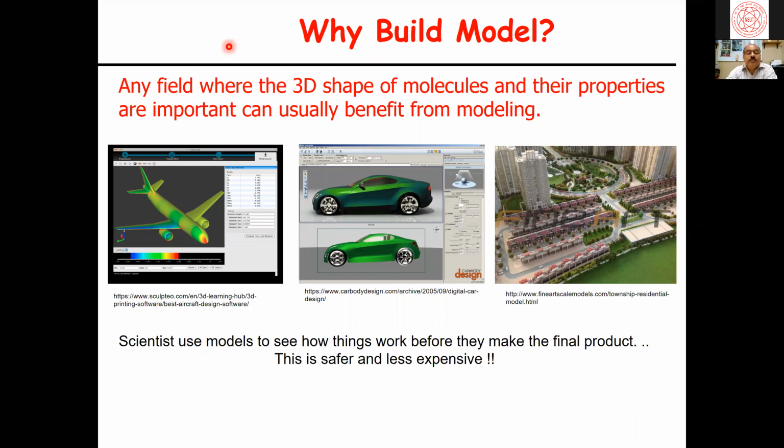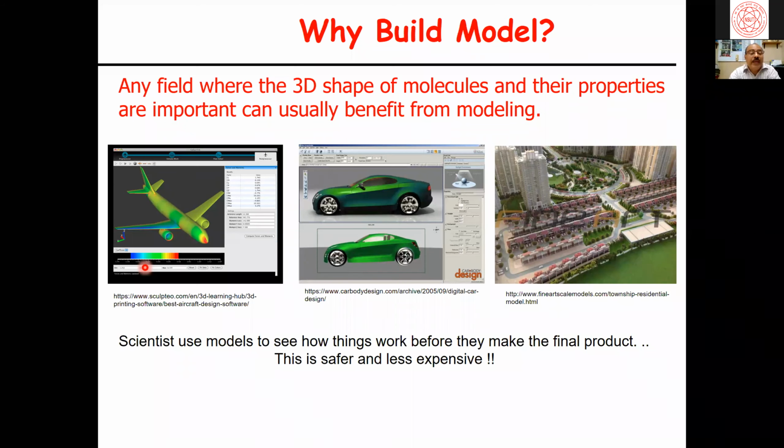Well, this is true for any field where the three-dimensional shapes of molecules and their properties are important; it can usually benefit from modeling. This is true for aircraft builders, whether it's Boeing or Airbus or Bombardier or any aircraft manufacturer. They simply cannot go right into the workshop and start building their aircraft.